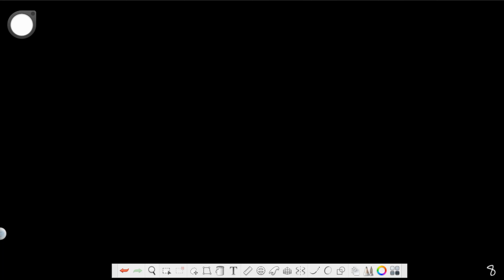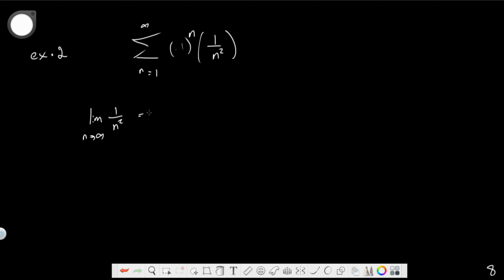Awesome. Another quick example. Example number 2. How about negative 1 to the n times 1 over n squared? Now, the limit of 1 over n squared as n goes to infinity is 0.